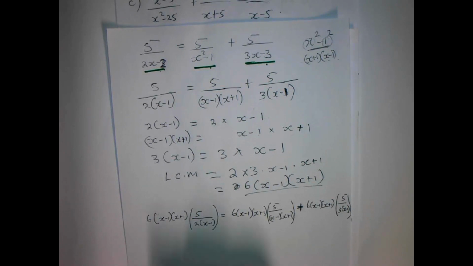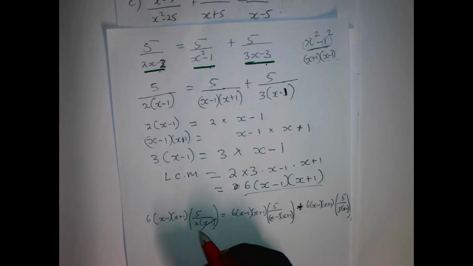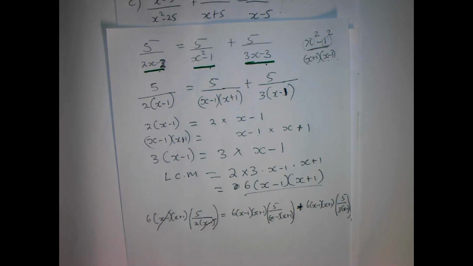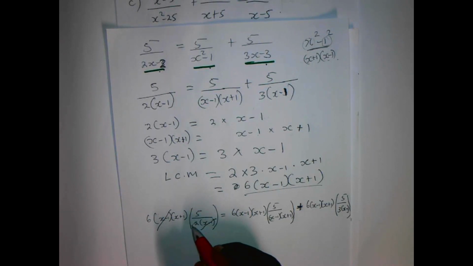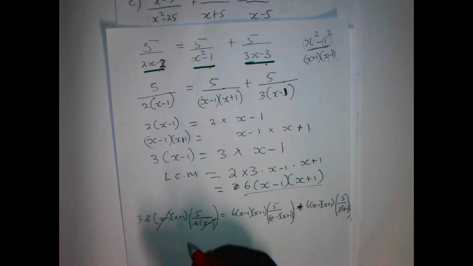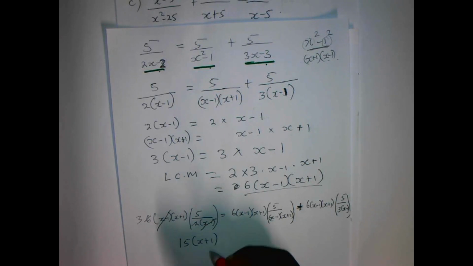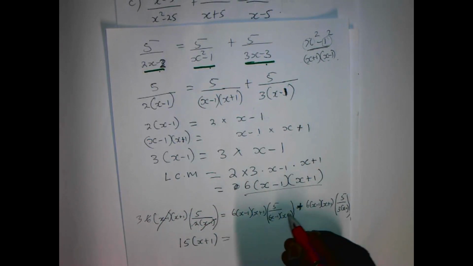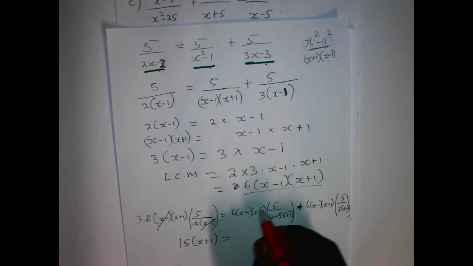So with that one, this cancels with that one, and our 2 will cancel into there to give us 3. So we'll have 15 times x plus 1. I want you to see that one. This will be equal to, this cancels with that one.